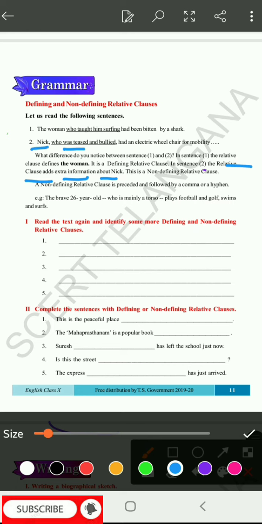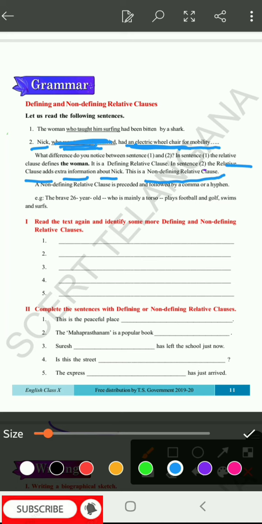One part is who was teased and bullied, and the other part is Nick had an electric wheelchair for mobility. Even if we skip who was teased and bullied, we will still get the information that Nick had an electric wheelchair for mobility. Mobility means movement. So that is called a non-defining relative clause.